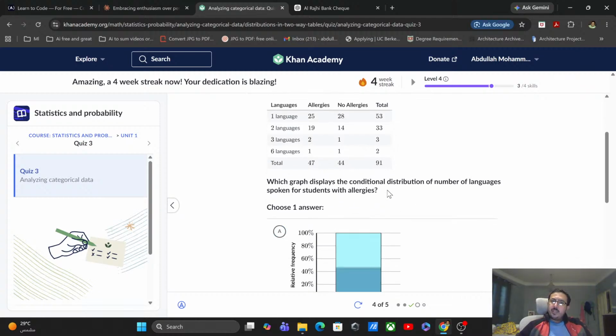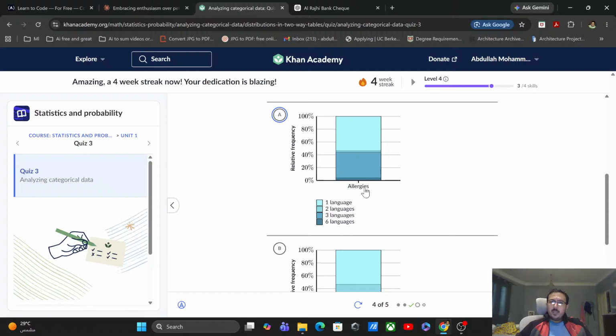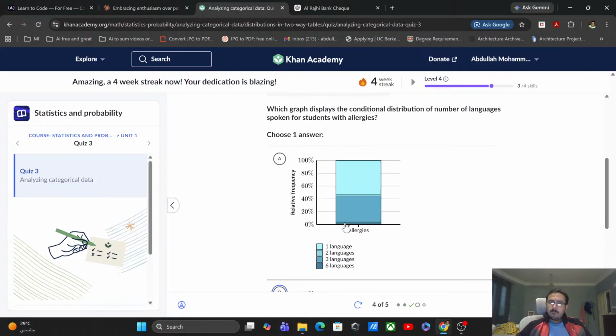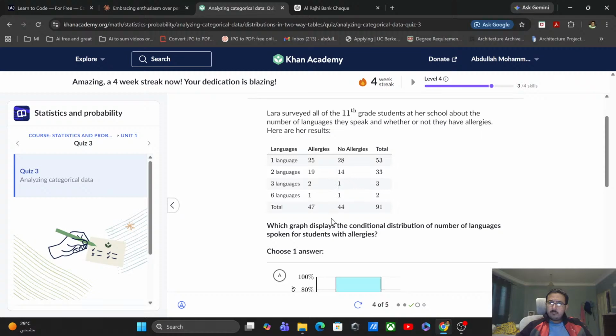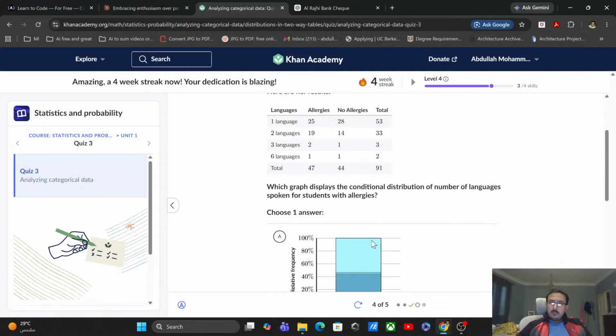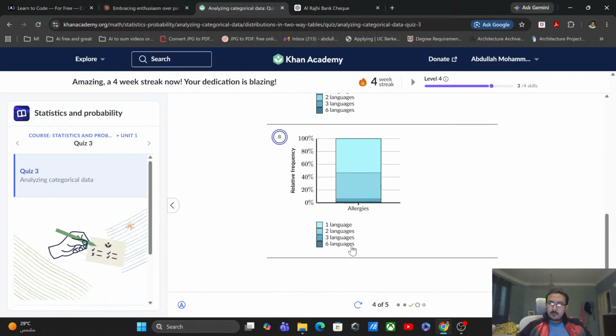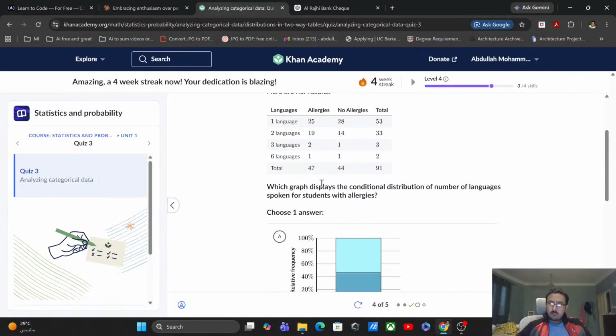Which graph displays the conditional distribution of number of languages spoken for students with allergies?